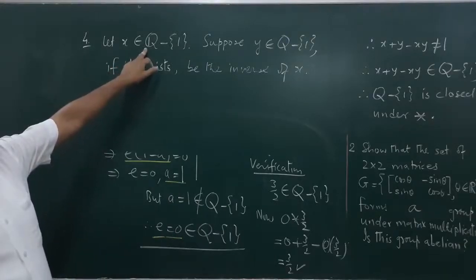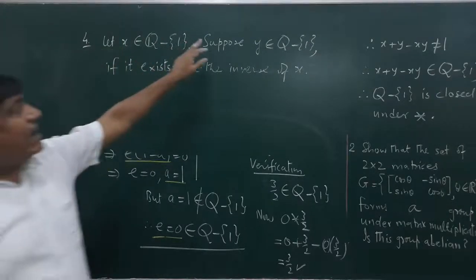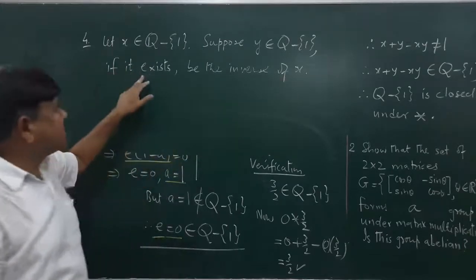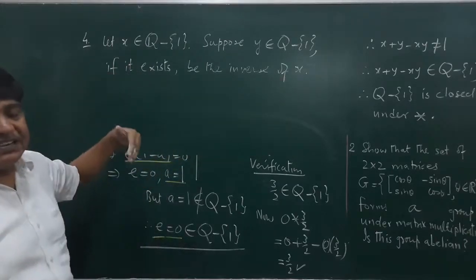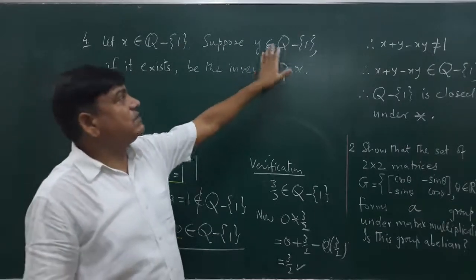I have supposed x belongs to this, so x is not equal to 1. y is the inverse of x, if it exists. If it exists, we will check it. The inverse of x, and that is not equal to 1, of course.